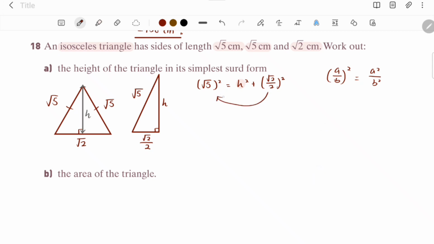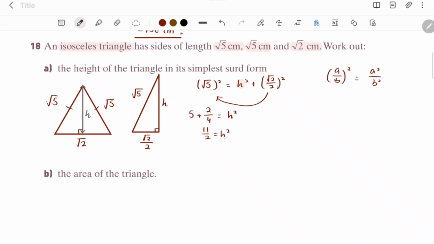We move this one to the other side. So surd 5 squared is actually 5. And then plus this one, if we square it, it will become 2 over 4, equals h squared. So this one is 5 plus 1 over 2. So you should get 11 over 2 equals h squared.